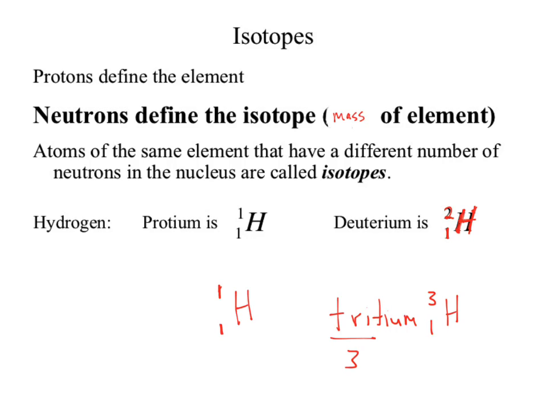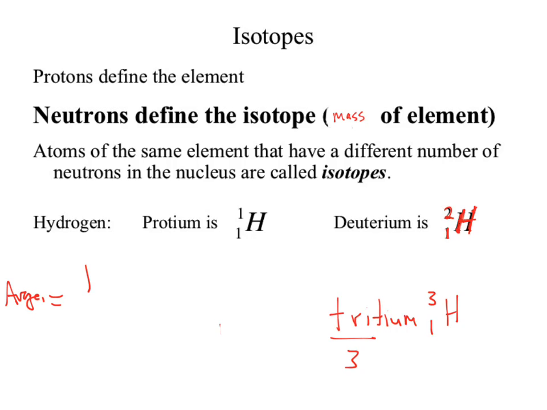Okay? So if I look at a sample of hydrogen, that sample of hydrogen will have protium, it will have deuterium, and it will also likely have tritium. What should I report for the atomic mass on the periodic table? The average of those. So if I average protium, what's its mass? 1. Okay, calculating an average, right? How do we do it?